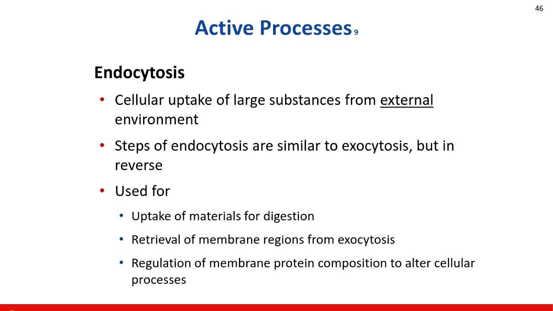So again, if your cell is looking for some nutrients, maybe, it will take up those materials for digestive processes. There's a whole bunch of different roles that this plays when we're dealing with endocytosis. There are three types of endocytosis.